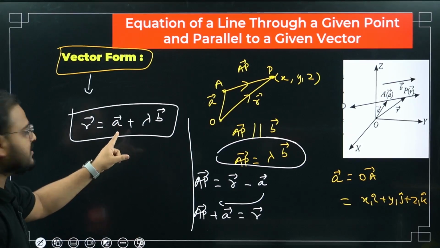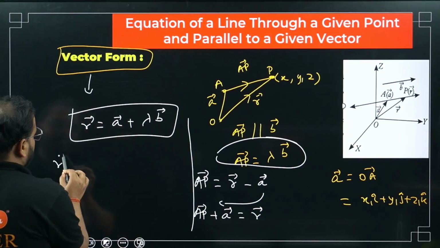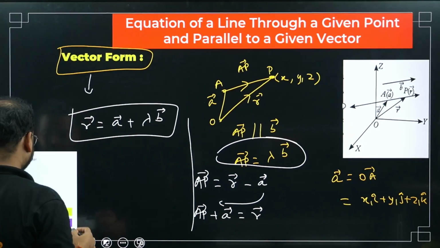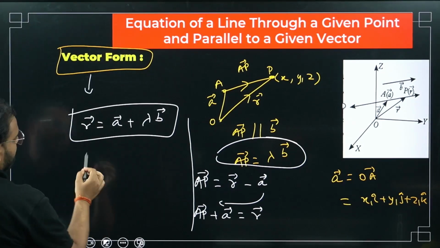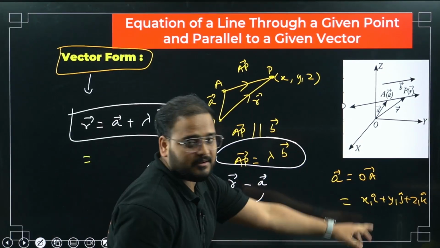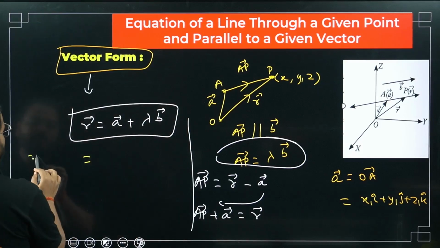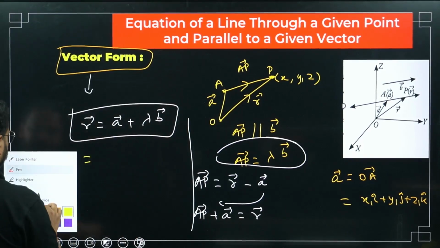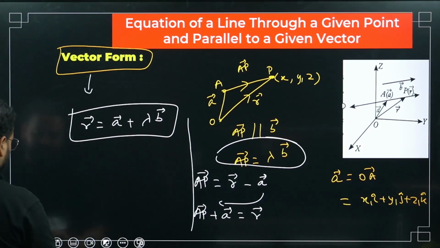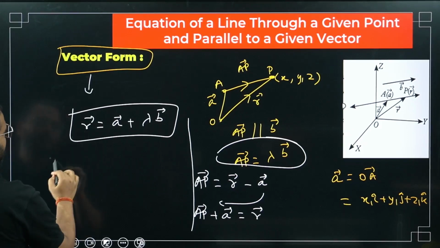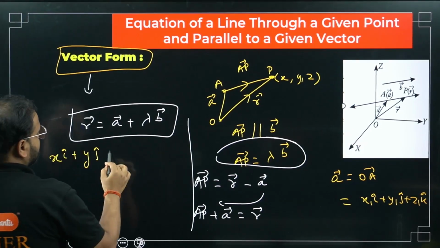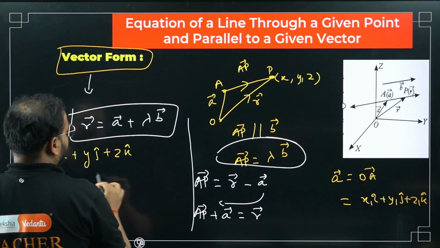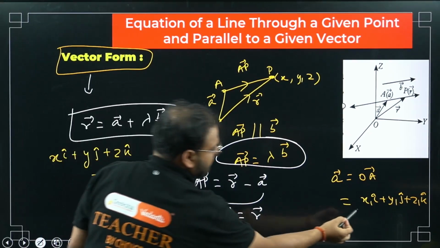So if you want this in the Cartesian form, I can write what? Or I can write this as, please check. If you want the actual vector form of this, I can write this as what? Check here. I've taken R to be xi cap plus yj cap plus zk cap equals, what is A over here?